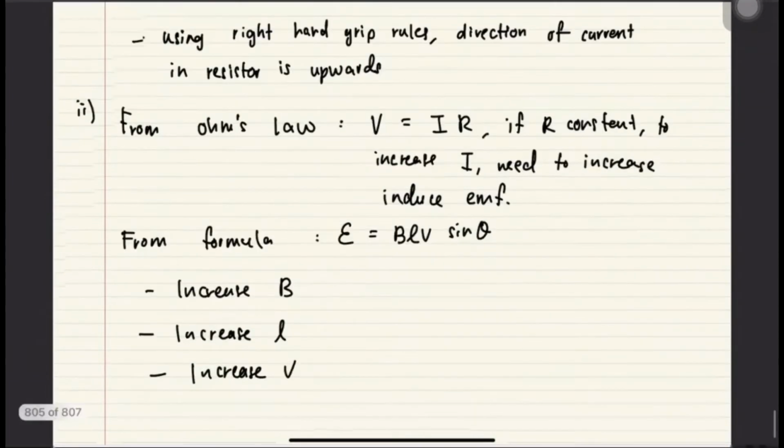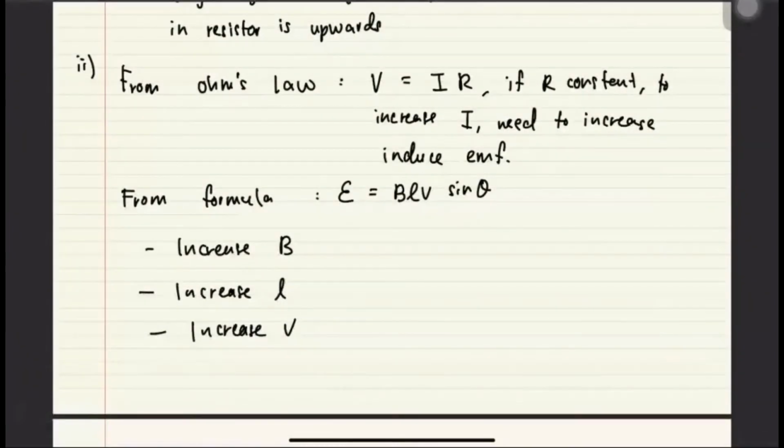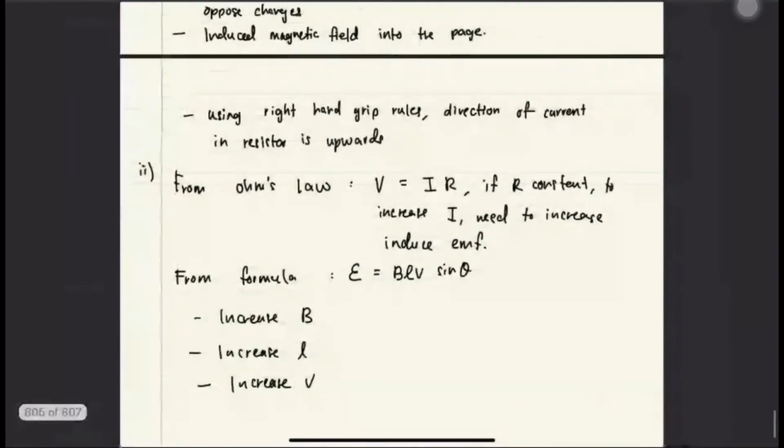Okay, tertulis lah increase magnetic field, increase length of the bar, increase velocity of the moving bar. Okay, faham ke tidak?